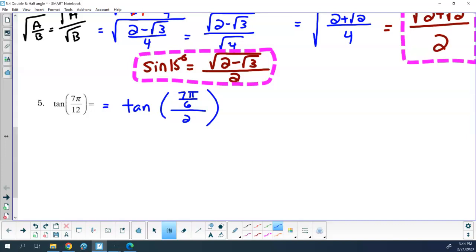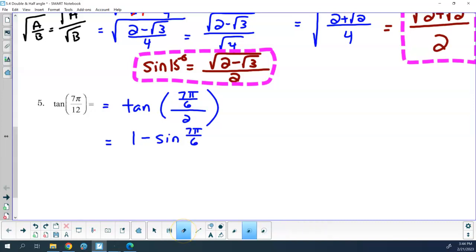We could do 1 minus cosine over sine. We could do sine over 1 plus cosine. I'm going to choose the middle one. 1 minus sine. So then this is going to be 1 minus the sine at 7 pi over 6. Correction, cosine.